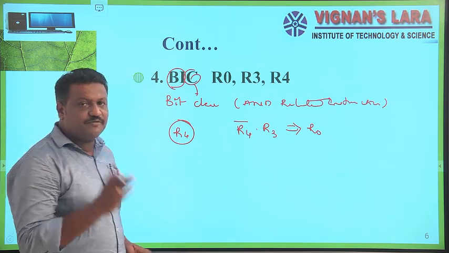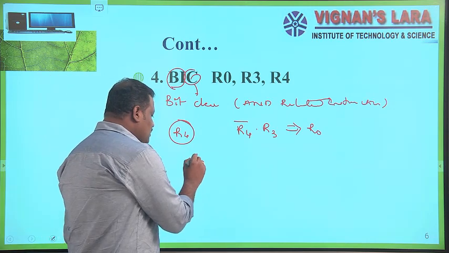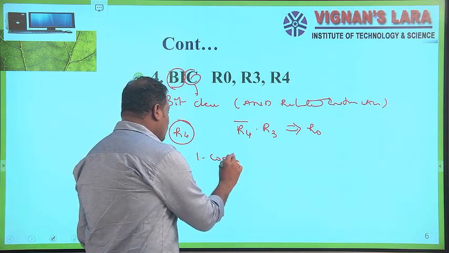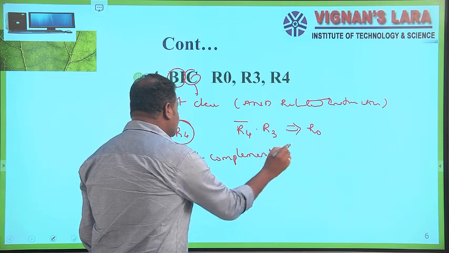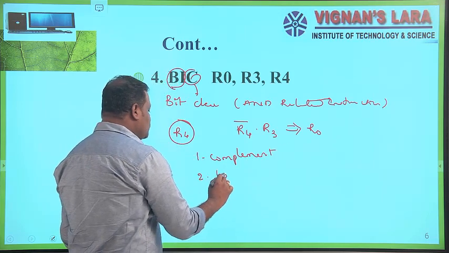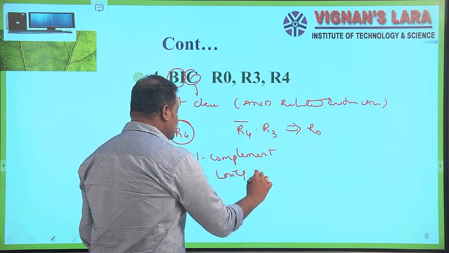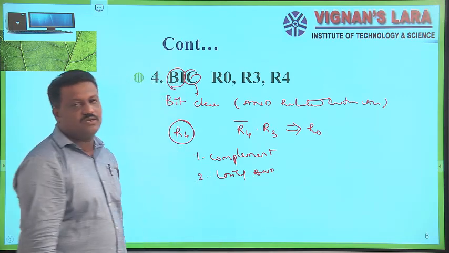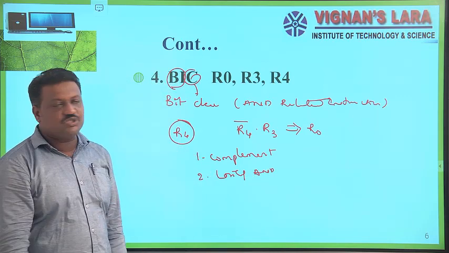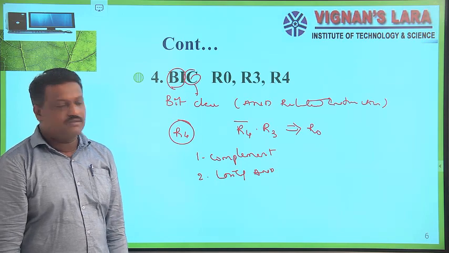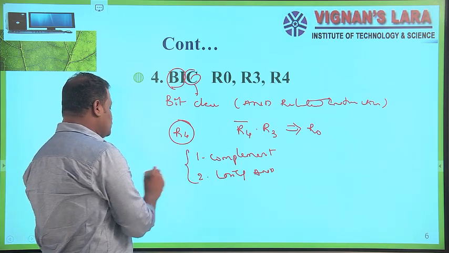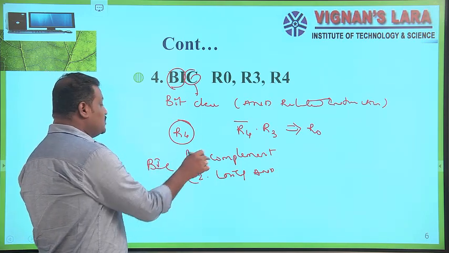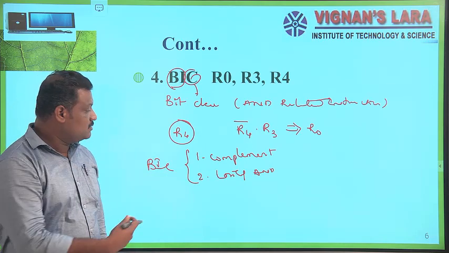So it is a mixing of two operations: one is complement, and the second is logical AND. Finally, BIC is a combination of a complement and a logical AND.